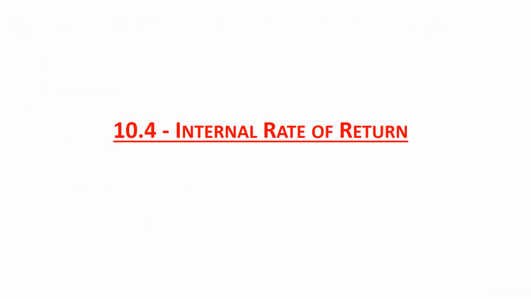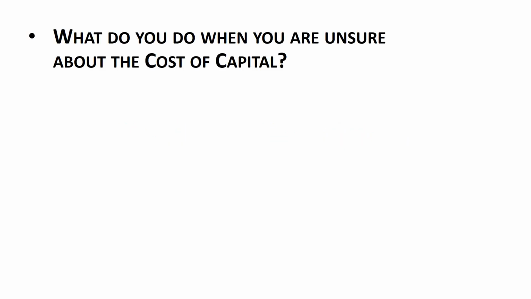So now we come to internal rate of return, which becomes useful when you're unsure about the discount rate or the cost of capital. What do you do when you're unsure about the cost of capital?